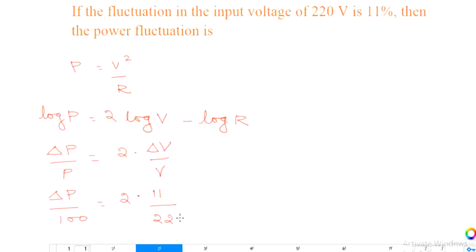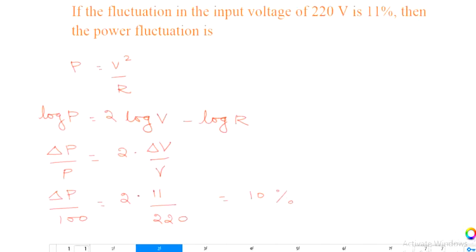Now you can simplify this. It is very simple. If you simplify this, you can easily get 10%. Therefore, the power fluctuation is 10%.